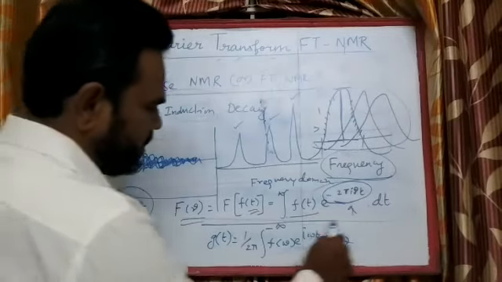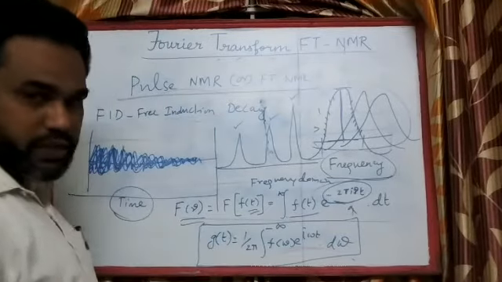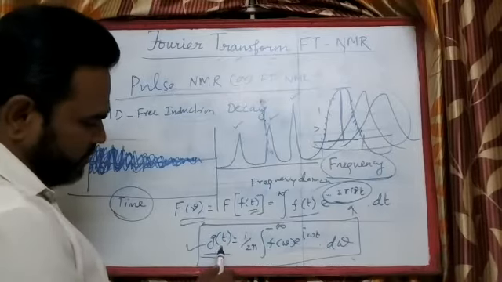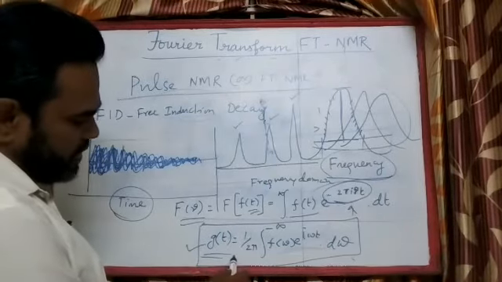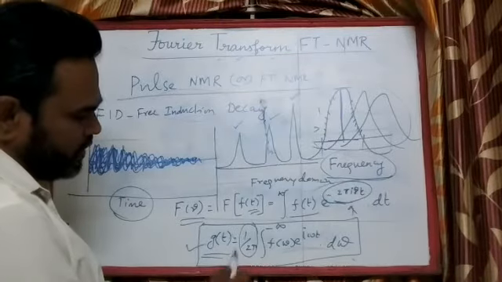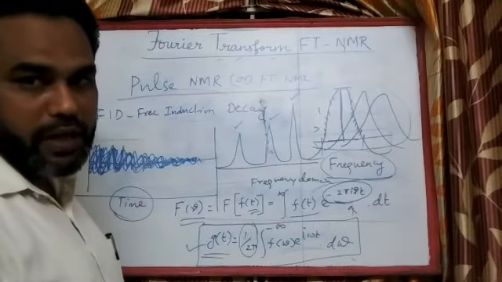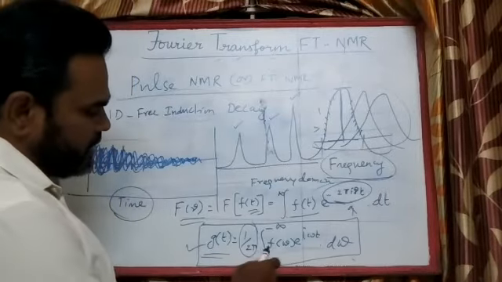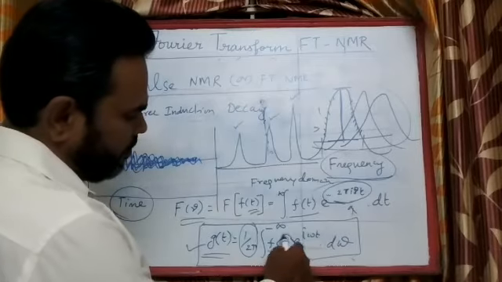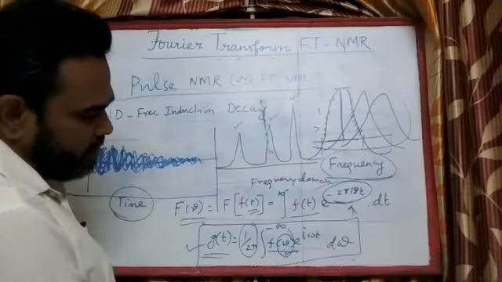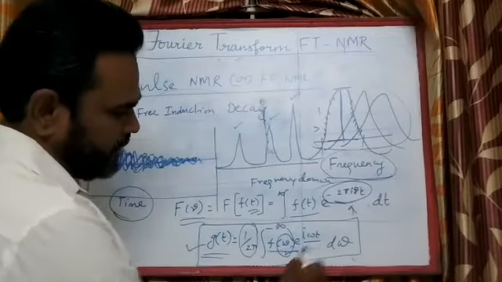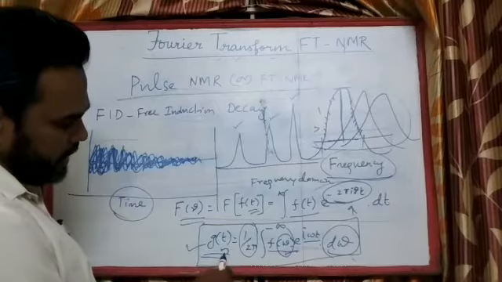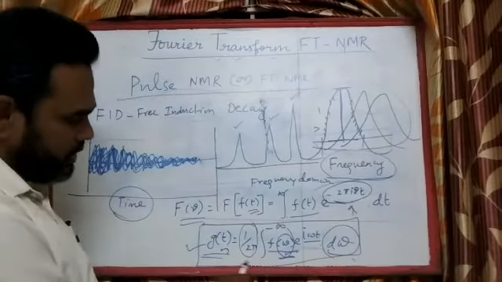Otherwise, this Fourier transformation can be expressed with the help of this formula also. G of t is the gyromagnetic ratio times the applied field, and the energy is equal to 1 by 2 pi, f of omega, the frequency domain angular frequency, e power minus i omega t d omega. So you are converting this time domain into a frequency domain factor.